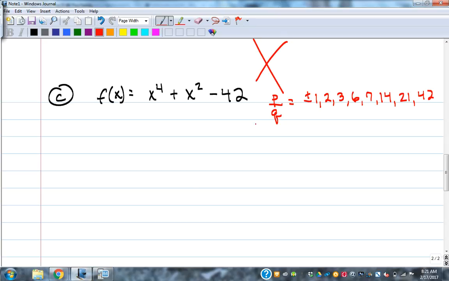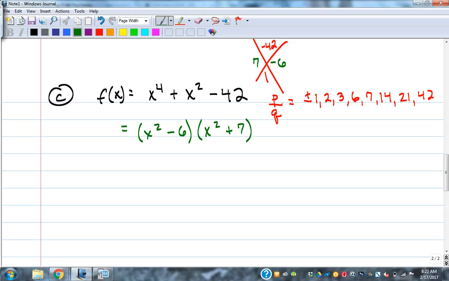You still do that with this, even though it's not a quadratic. We want to multiply to be -42 and add to be +1. What does that? 7 and -6. To add to be positive, 7 has got to be positive. So the factors then would be x squared minus 6 and x squared plus 7.